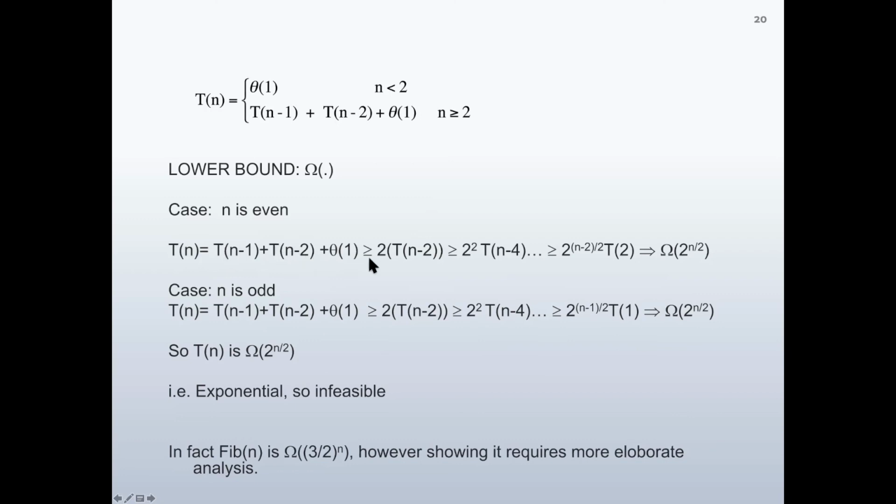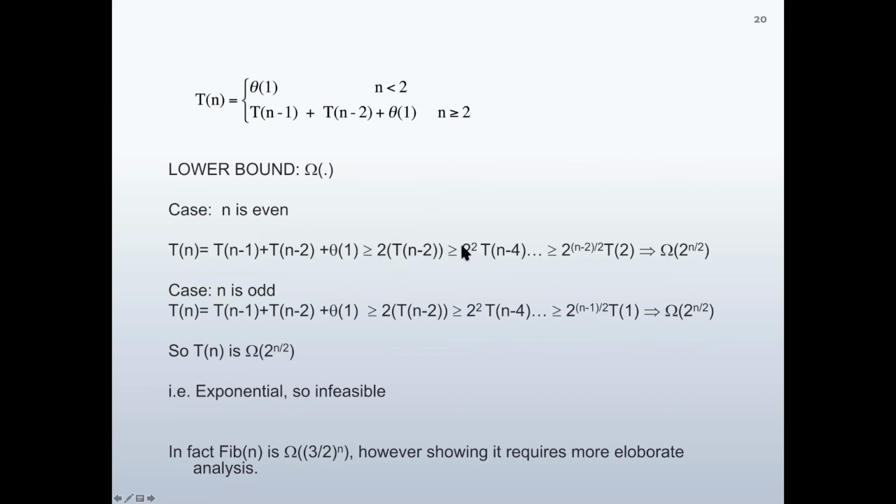And we know that T(n minus 1) is greater than T(n minus 2). And instead of that, if we write 2 times T(n minus 2), and if we omit this theta, in that case, we can say that this is greater than or equal to 2 times T(n minus 2). So we are starting with T(n), and then instead of this one, we are writing 2 times T(n minus 2), each time decreasing by 2.